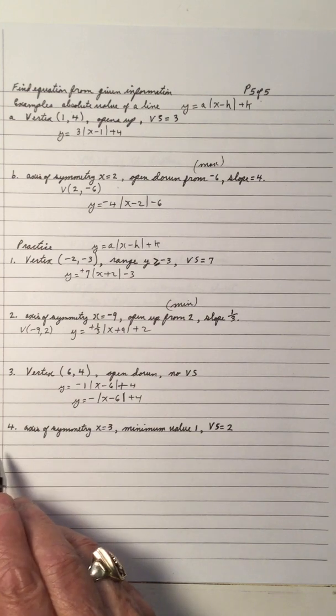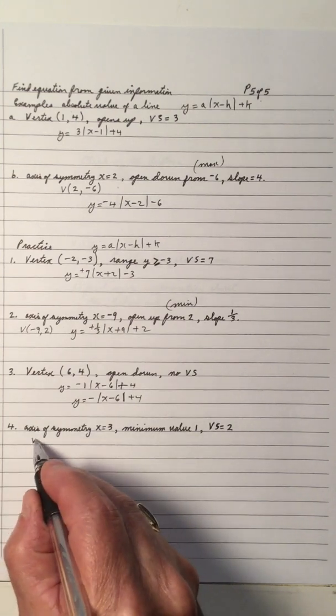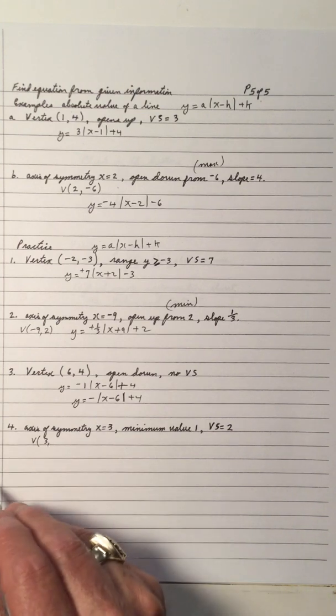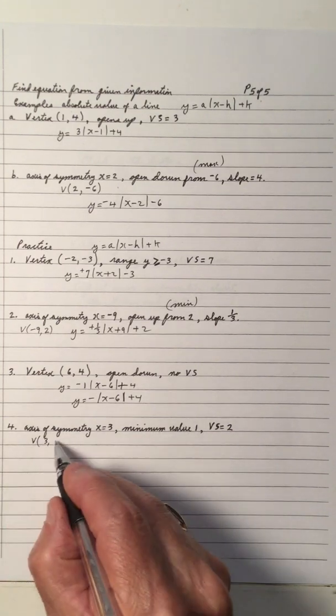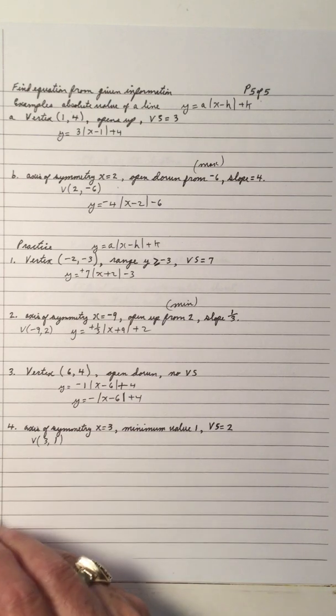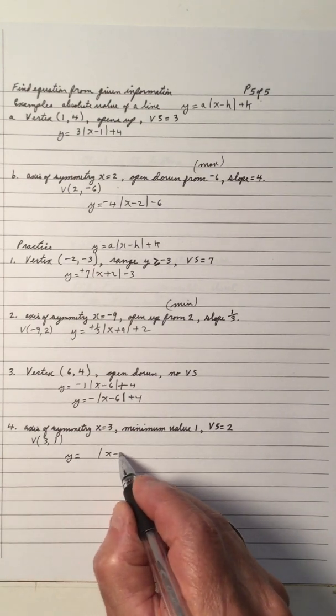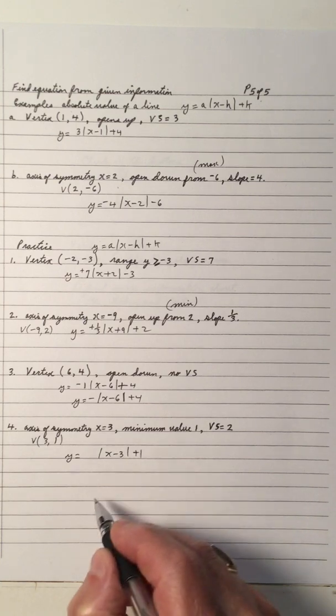Okay. Number 4, the axis of symmetry is the line that goes through the vertex at 3. Has a minimum value of 1. So that's the y-coordinate of the vertex. So we got x minus 3 plus 1.